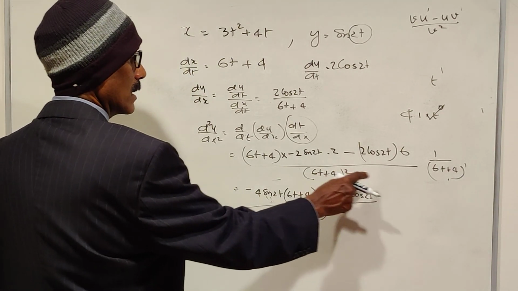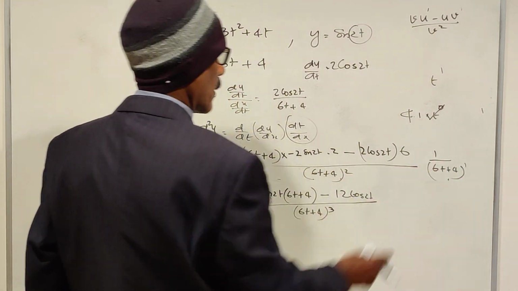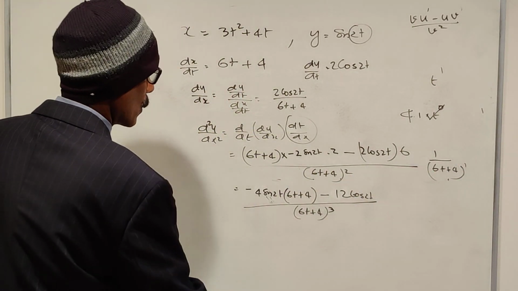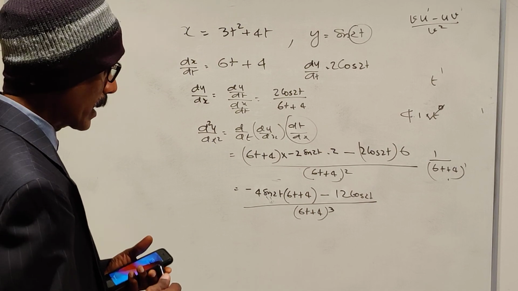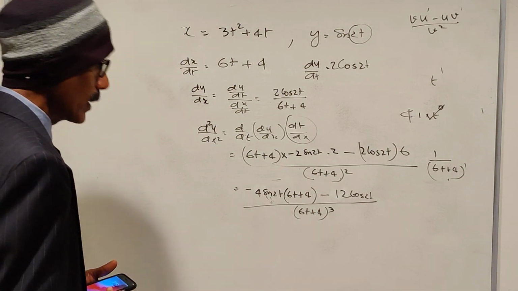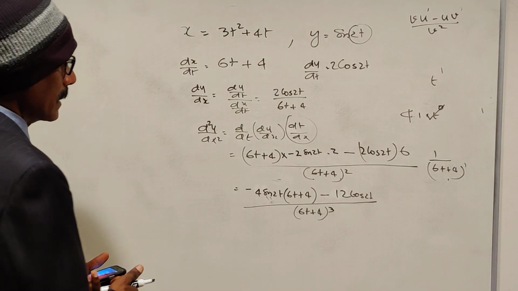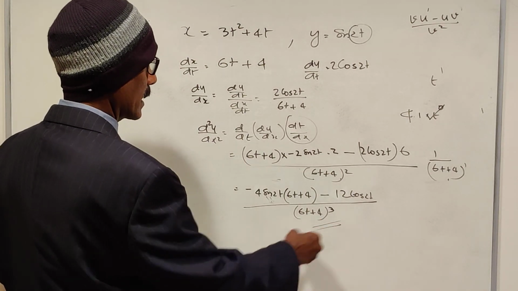This one is square, this one is raised to 1, add the powers, base are same, so add the power or the index, then you get the answer, right? So this is the answer, second derivative.